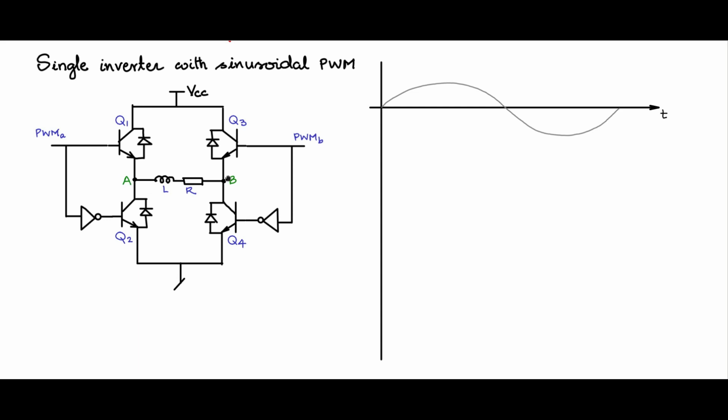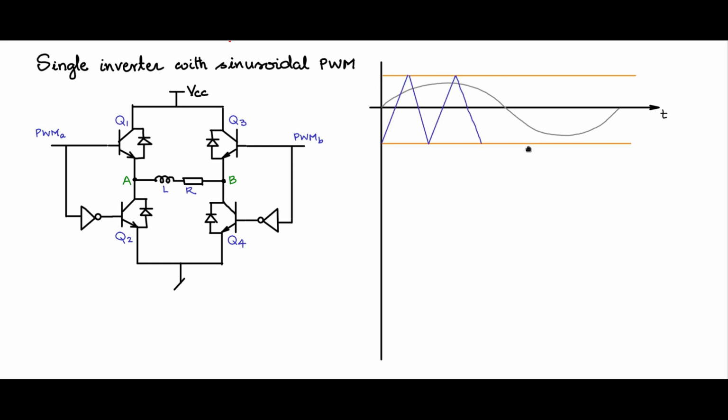Now across AB, after filtering, we would like to have a sine wave shape like that. So let us compare this sine wave with a carrier. The carrier is a triangular carrier which is between these two limits.